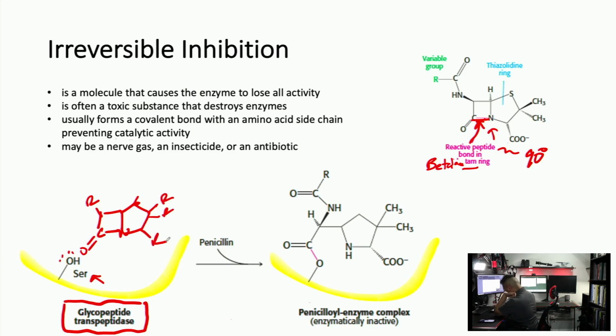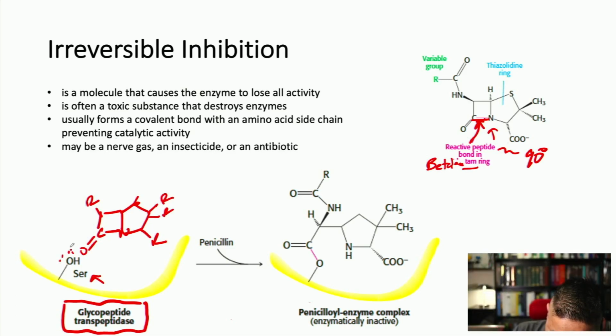R, right? What can happen is that the electrons right here from this OH group of the serine can come over here and attack this carbonyl carbon, all right? And when it does that, it breaks this bond and it goes over to the nitrogen, right?